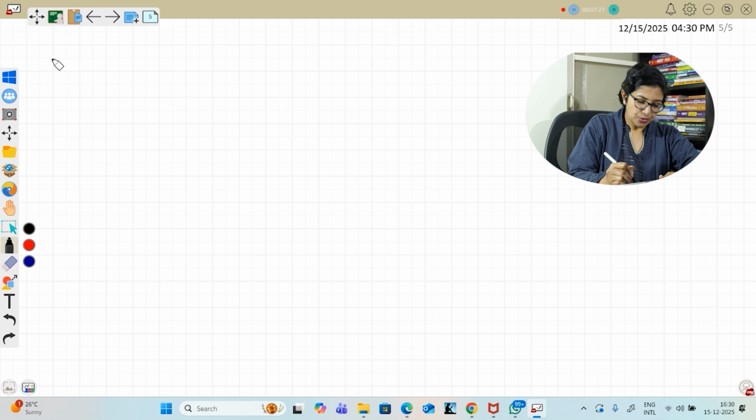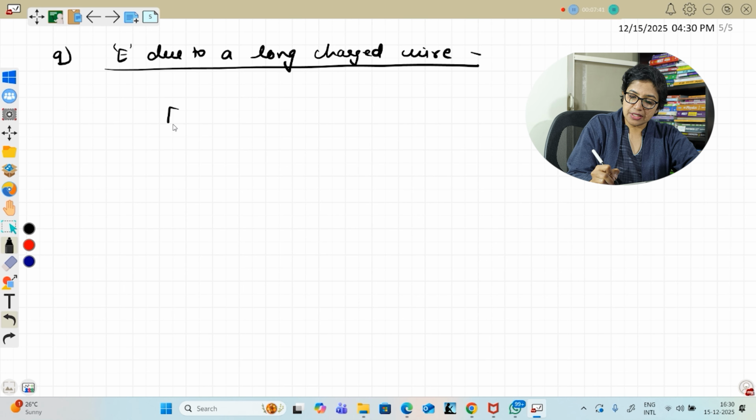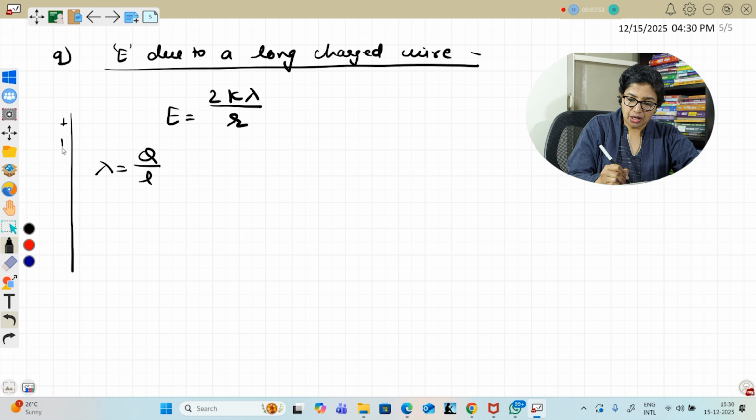Now coming to the next one, the ninth point is E due to a long charged wire. The formula we got for this is 2k lambda by r. Lambda is the linear charge density, that is charge per unit length. This is a uniformly charged infinitely long wire.